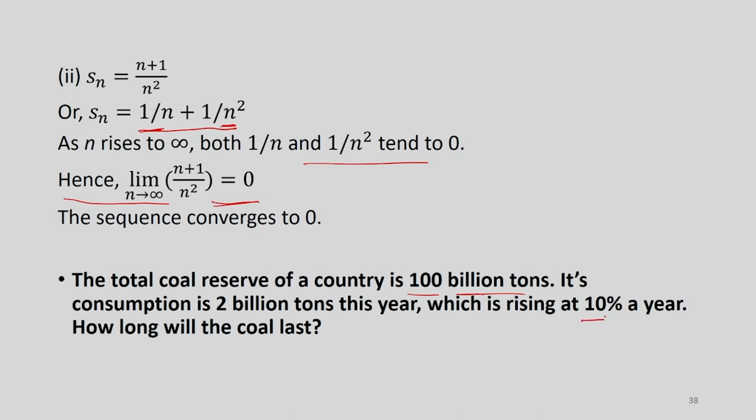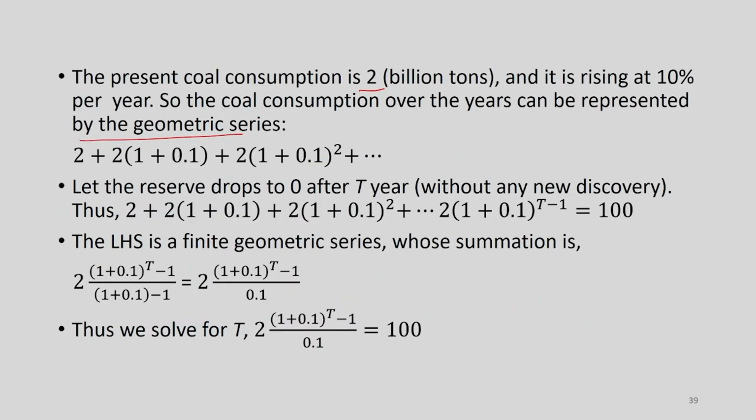So, next year it will be 2 multiplied by 0.1, because 0.1 is equal to 10%. So, that is written as 2 into 1 plus 0.1. This is the second year. In the third year it will be 2 multiplied by 1 plus 0.1 whole square, and like this it will go on. In the fourth year it will be 2 multiplied by 1 plus 0.1 whole cube.